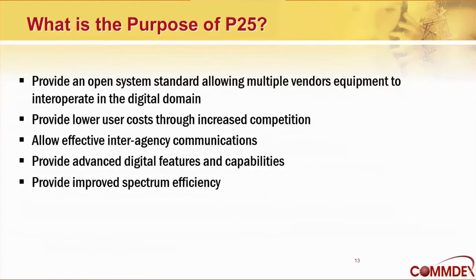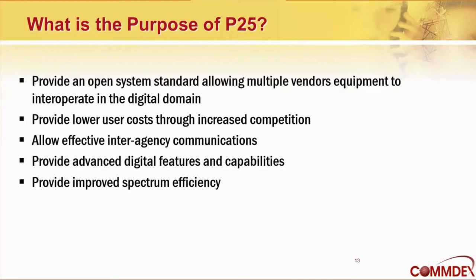Its purpose: you had to have an open standard, because what was happening in analog trunking was every manufacturer was doing their own thing, and they were proprietary protocols, and they couldn't talk to each other. Well, the big thing in public safety is interoperability, and you can't have that if every manufacturer has a proprietary protocol. So P25 opened it up to a standard. They all signed on to it, and now they can interoperate.